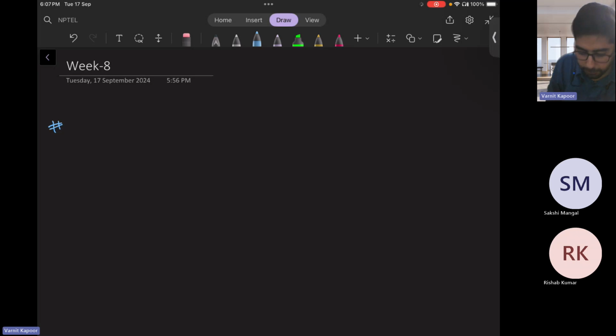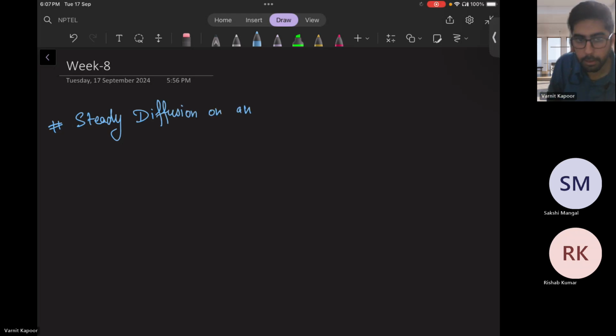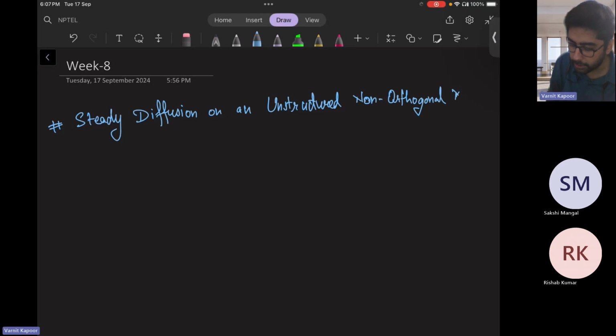So the topic is steady diffusion on an unstructured non-orthogonal mesh.